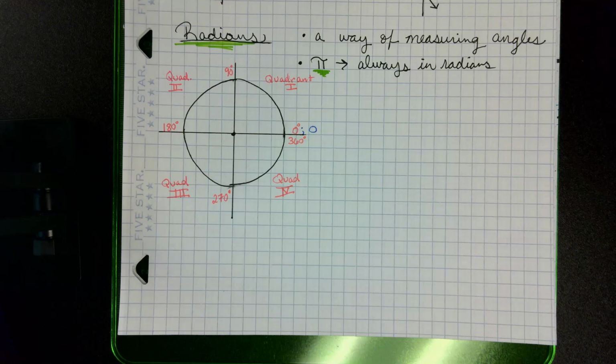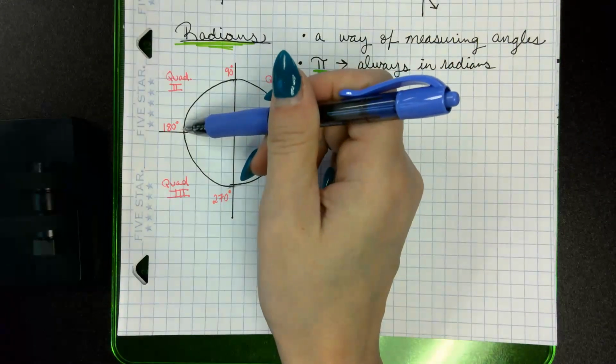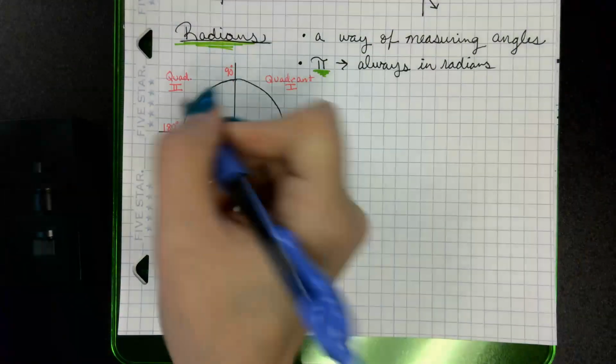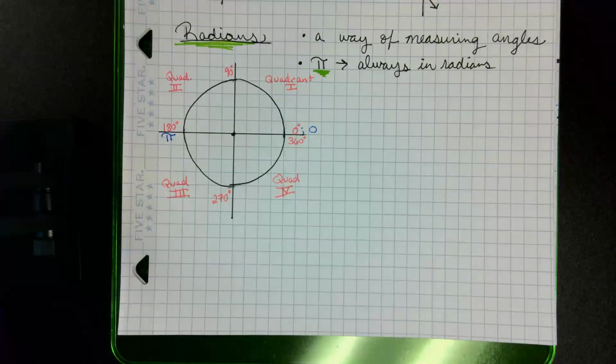So halfway around the circle, I feel like it's easier to describe if we do this. From 0 all the way over to 180 degrees, halfway around the circle, that is pi radians. The radian measure at 180 degrees is pi.